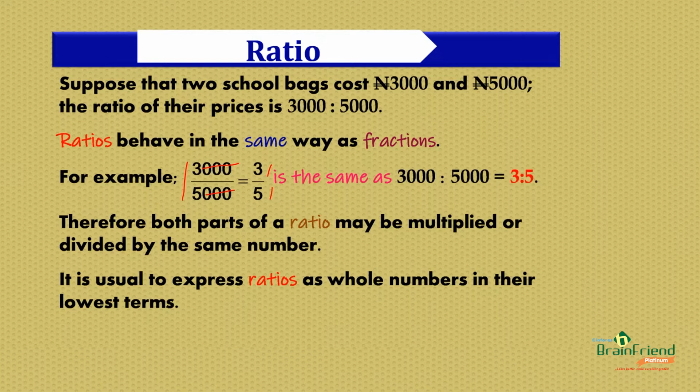You see, 3/5 as a fraction is the same thing as 3:5. Therefore, both parts of a ratio may be multiplied or divided by the same number. It is also important that we always express our ratios in their simplest or lowest form.